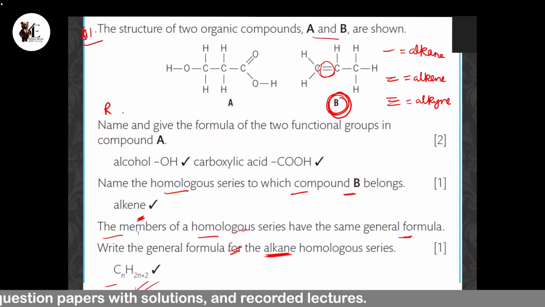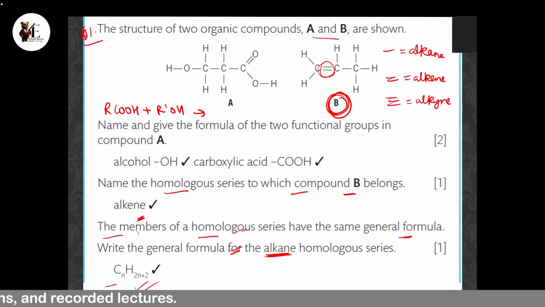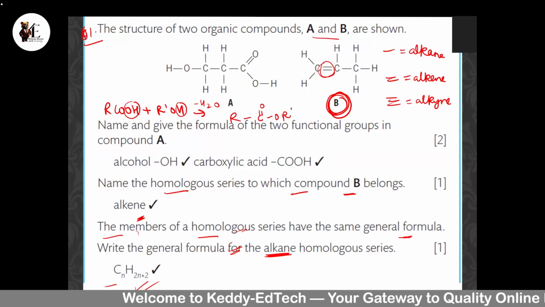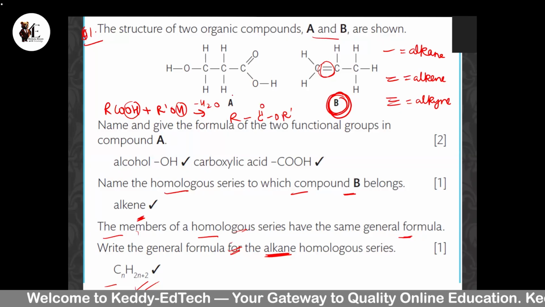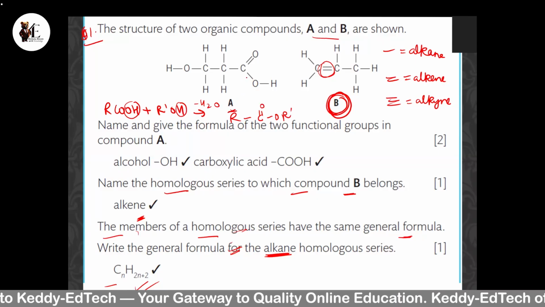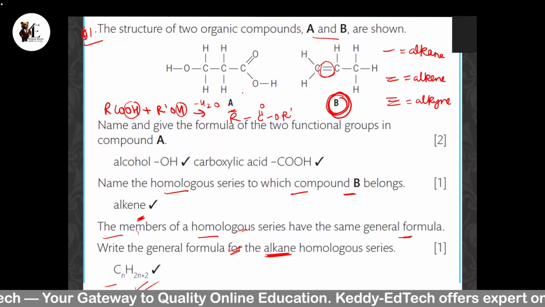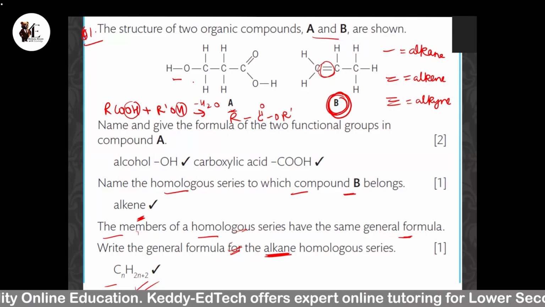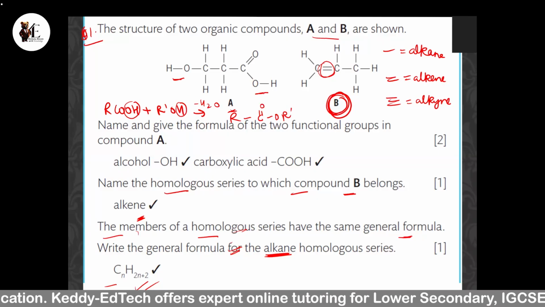When your carboxylic acid RCOOH plus R-OH reacts, OH from the acid group and H from the alcohol group, H2O gets eliminated, and we have RC double bond O, OR. Can you see any ester group in this? RCOOR. No. Then there is no ester group. Only there are two functional groups: alcohol and carboxylic acid.